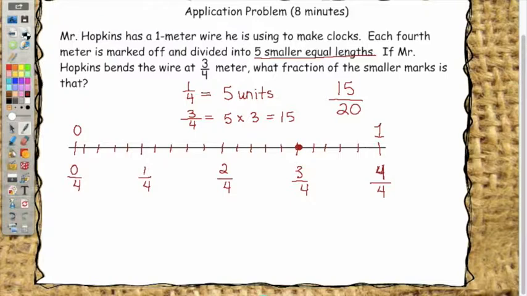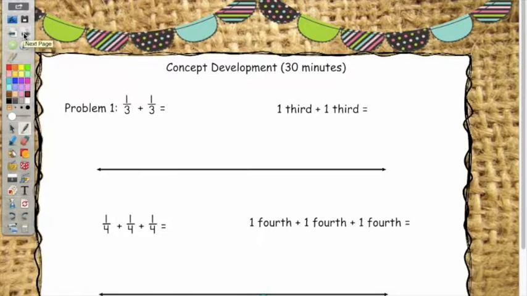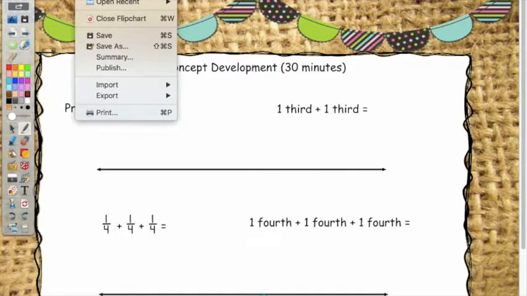All right, let's take a look at today's lesson. Before we do today's lesson, would you turn your paper over to the very back? And I want you to do this with me, okay? I want you to draw 4 rows of 3.